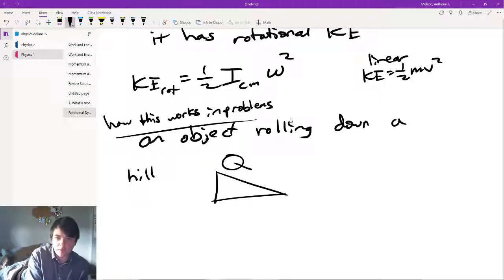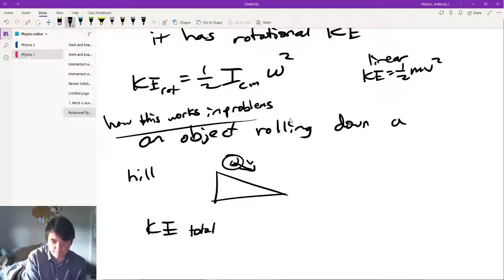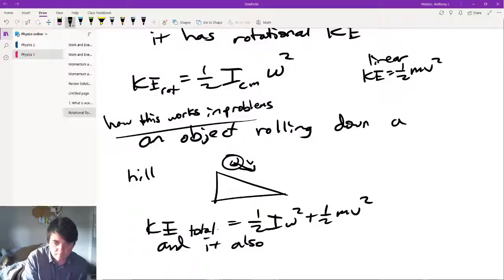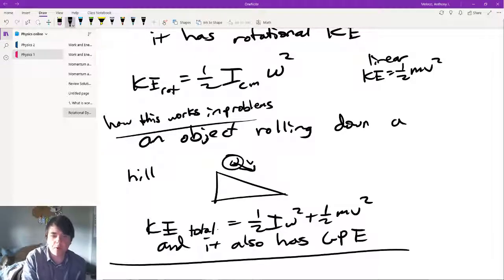Not only is it moving linearly, but it's also rotating. So the KE total is going to be 1/2 I omega squared plus 1/2 mv squared. And it also has gravitational potential energy. Okay, so that's how problems like that work. You have to take account of all the energies at once.